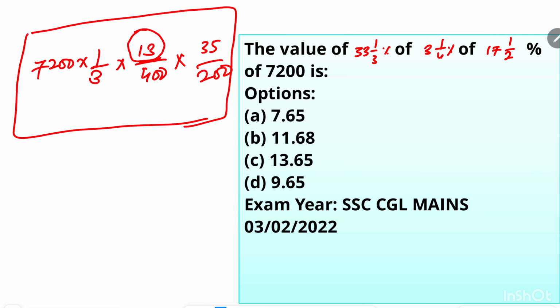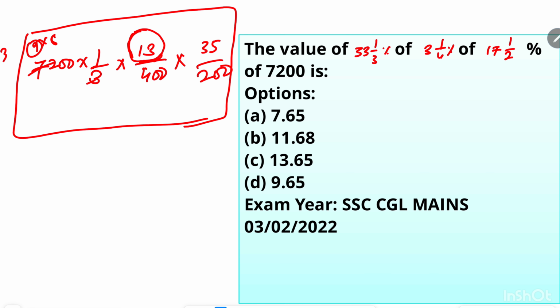Many people will think that 9 is a multiple of 9 and this is a multiple of this, so we can apply the digital sum, right? But you cannot apply the digital sum here, because this 3 will divide this, and then this will be a multiple of 3. But here you see 13, this number is a multiple of 13, so any number in the options must be divisible by 13. You understand my point?